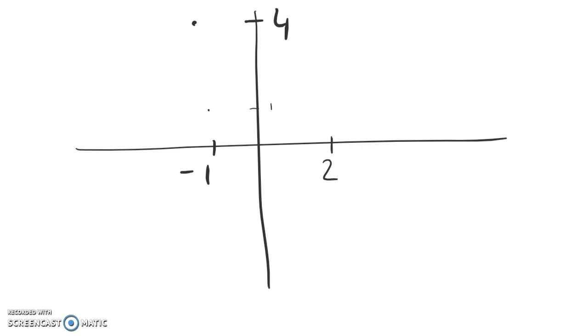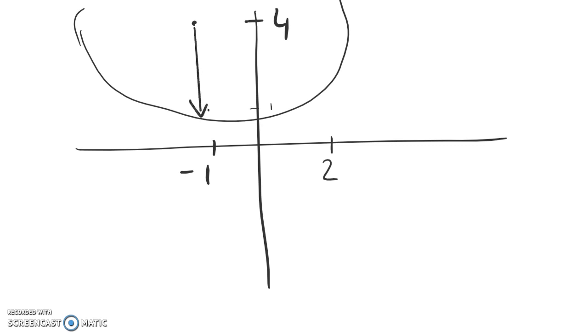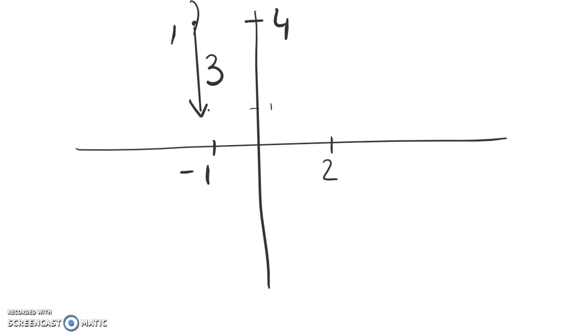Oh, it's still really dodgy there. But that's the idea. There's our centre, and it's got a radius of 3. So if you're able to draw it with that label there as well, it doesn't matter how dodgy your circle actually looks, as long as you've got the right information on the graph, I'm happy.